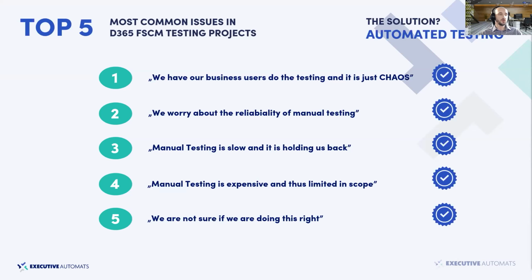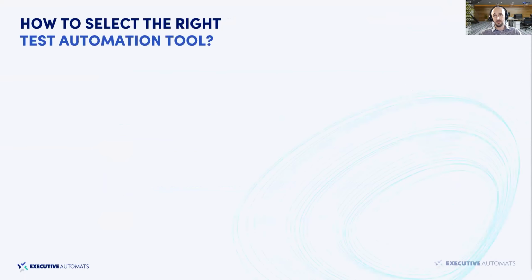We have some ebooks on the topic, some articles, and we've got a full department dedicated for testing projects that is happy to help. But we've come to the conclusion that automated testing can greatly help you with the most common issues with testing projects in Dynamics Finance and Operations.